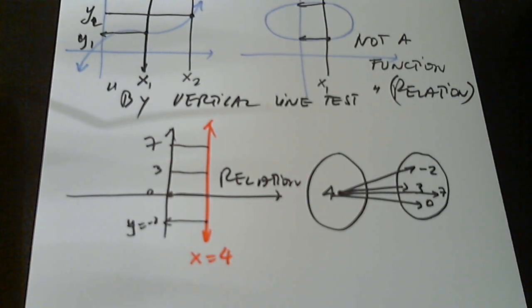Can anyone again choose one function? A function, not a relation. From 57 till 64.